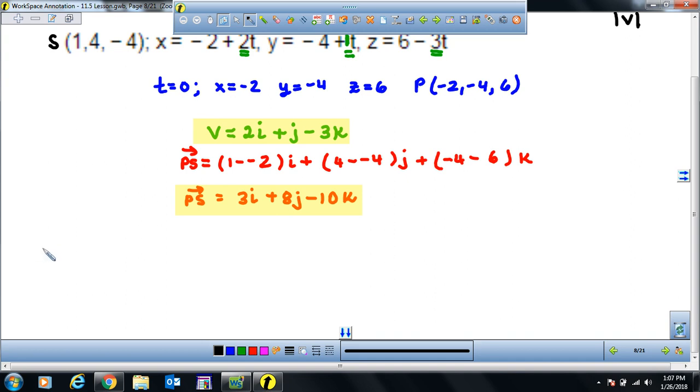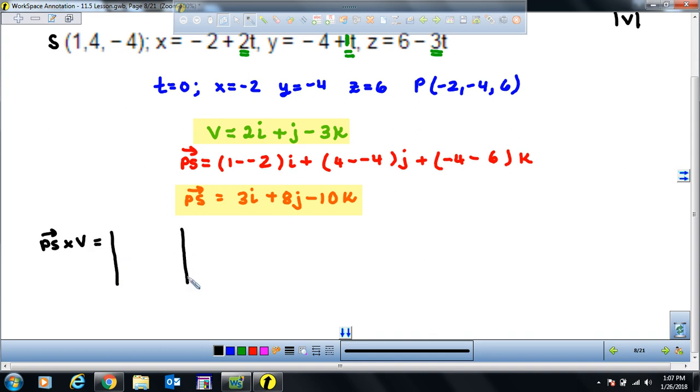Okay, so let's find the cross product of PS with vector V. So let's use the determinant form. So with the components I, J, and K, so knowing that PS equals 3, 8, negative 10, and vector V is 2, 1, and negative 3.